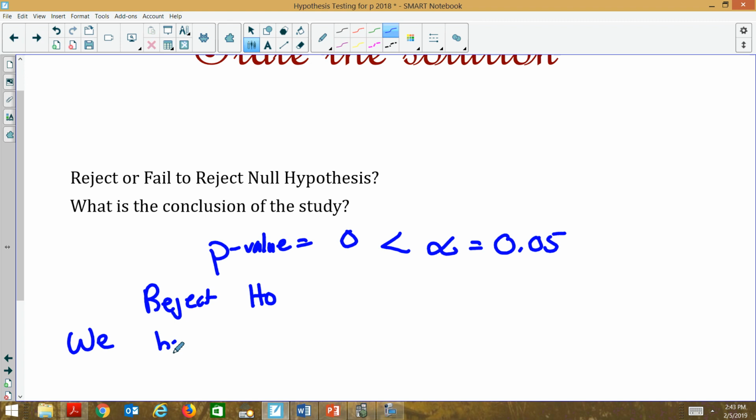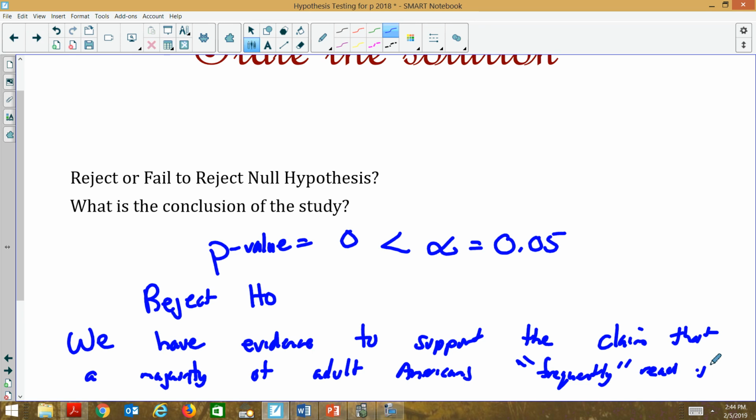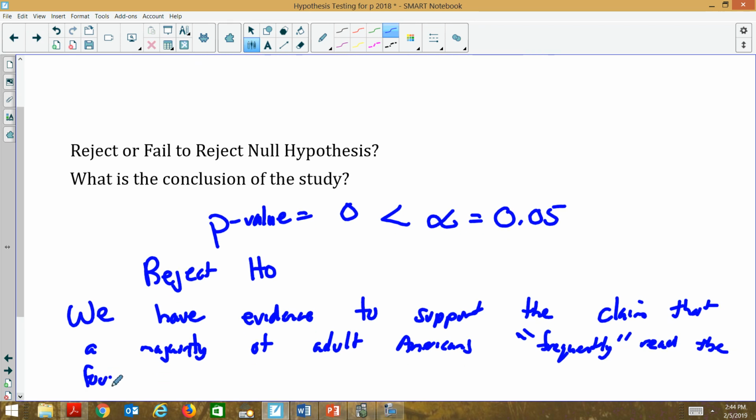Since we reject H0, what does that suggest? Well, we have evidence to support the claim that a majority of adult Americans frequently read the food packaging nutritional label.